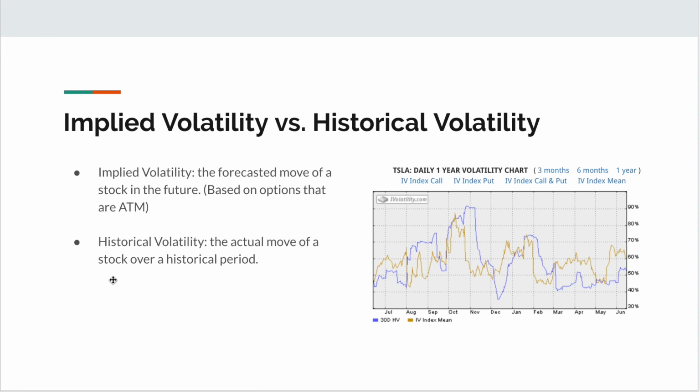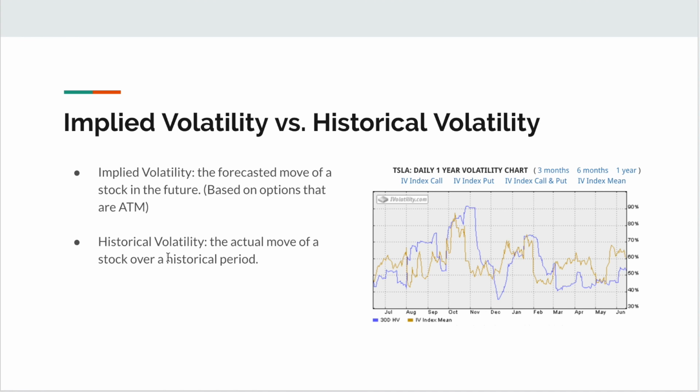So if we take options that are at the money, remember, at the money means that they're very close, or they are right at the point in which the strike price and the actual stock price are meeting. So if we take options that are at the money and we take the implied volatility from within those options, it will give us the forecasted move of a stock in the future between 2 percentage points. So we'll go ahead and explain that in an example in just a little bit, but that's just the basic definition and where it's derived from.